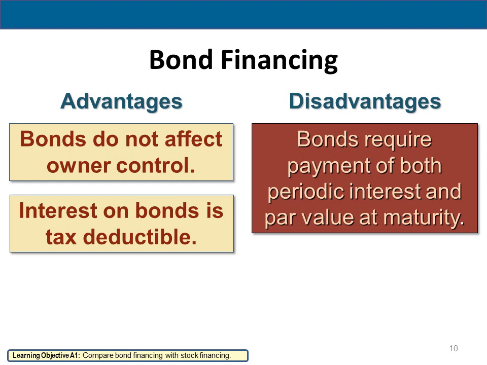So debts must be paid during unprofitable years as well as profitable years. So a company that went for issuance of bonds might not have enough cash flow to make the interest payment. Therefore, the company will default on the debt. So, without the cash necessary to make the interest payment, the company could have to declare bankruptcy.